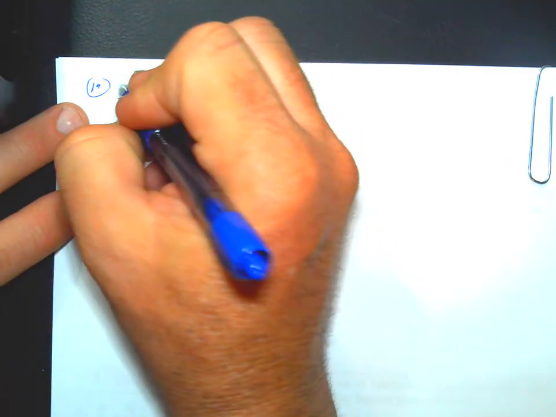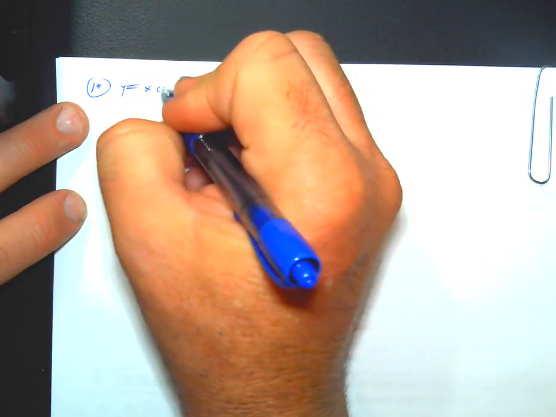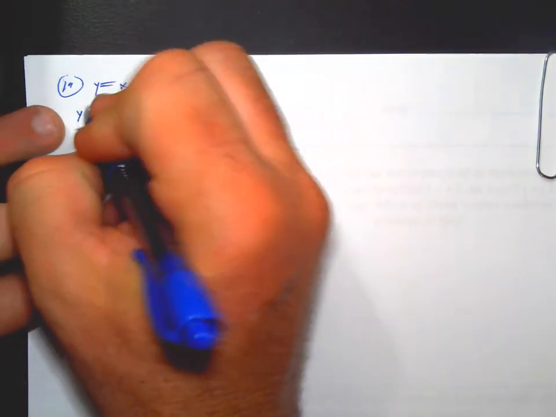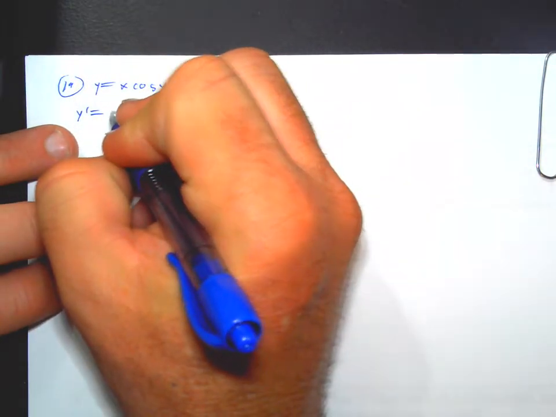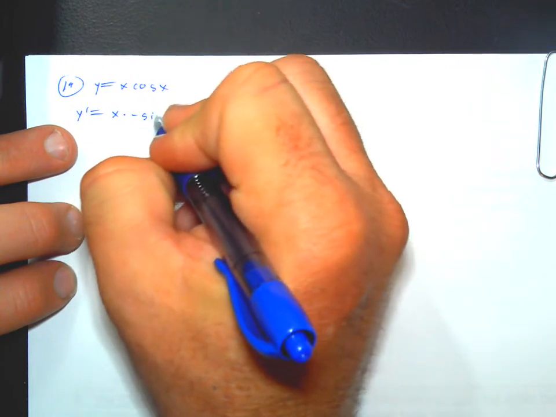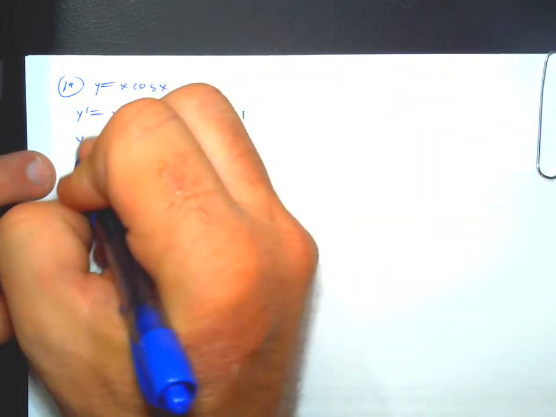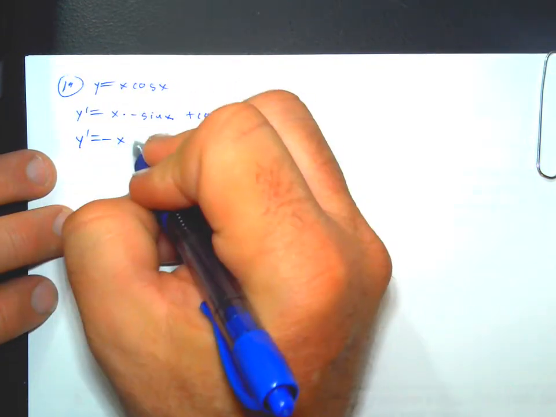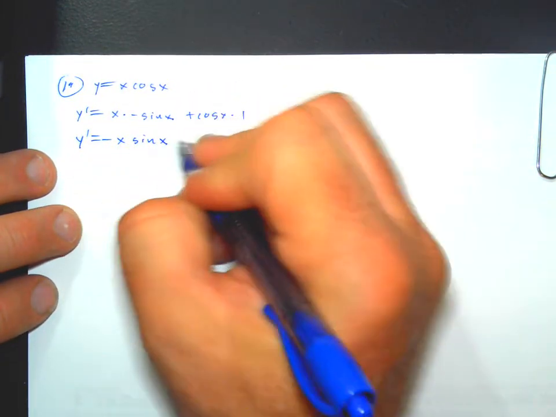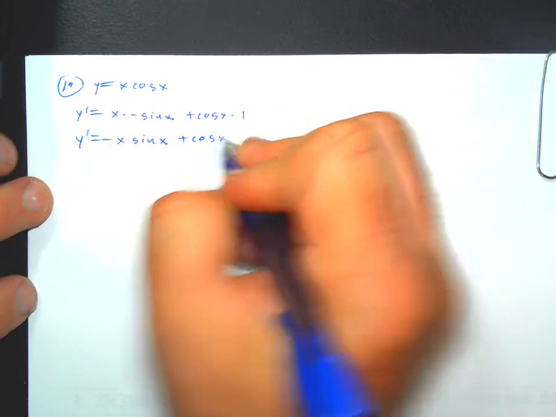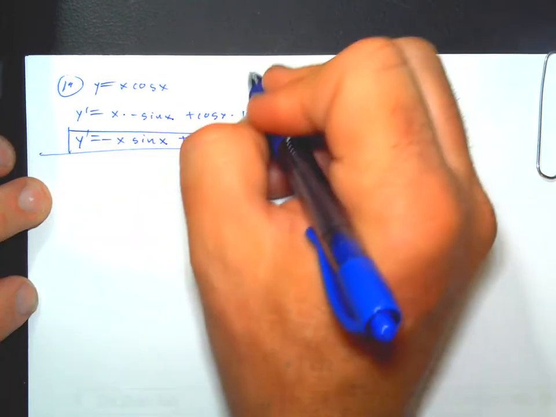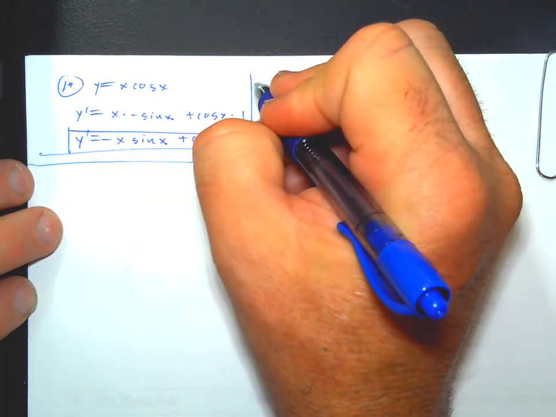19. Oh, this one doesn't seem bad after all that craziness. So, we'll product rule: x times derivative of cosine is negative sine plus cosine times derivative of x is 1. Final answer, negative x sine x plus cosine x. Easy. 21.